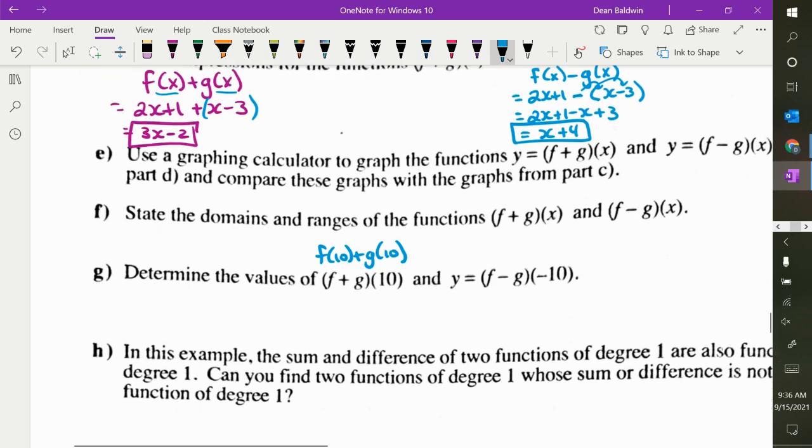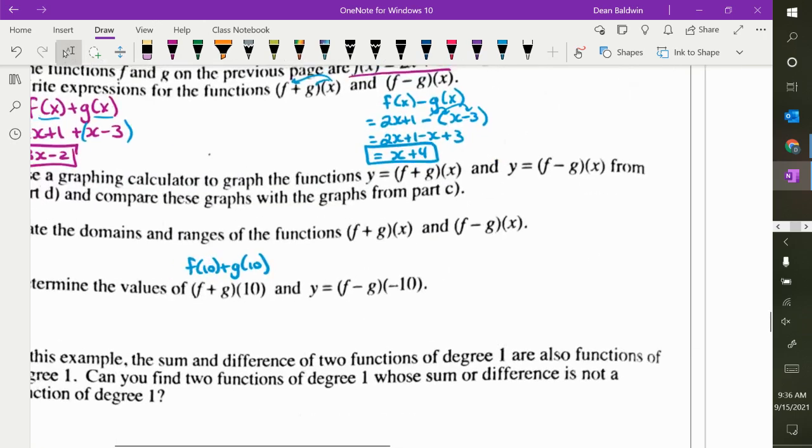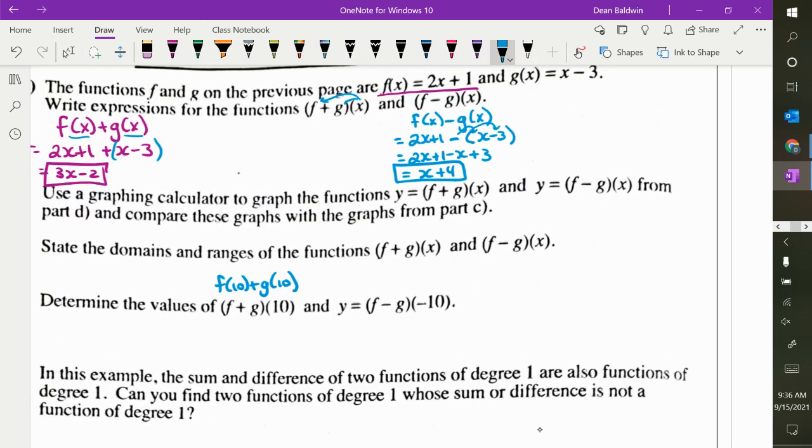I can then just go, what's f of 10? Where's f? Sorry. f is 2x plus 1. So if I go f of 10, that's going to be 2 times 10 plus 1, which is 22. g of 10 is going to be 10 minus 3, which is 7.